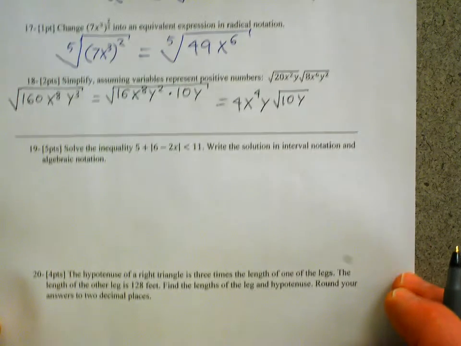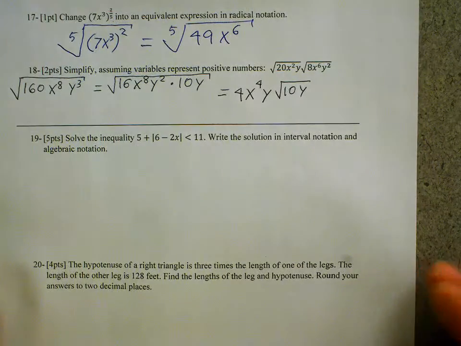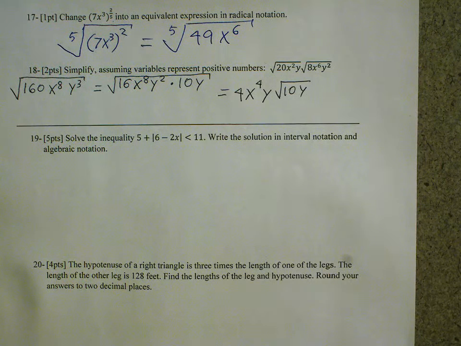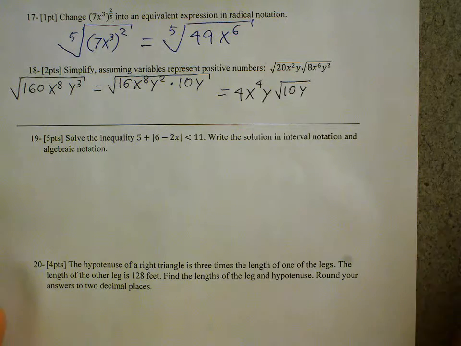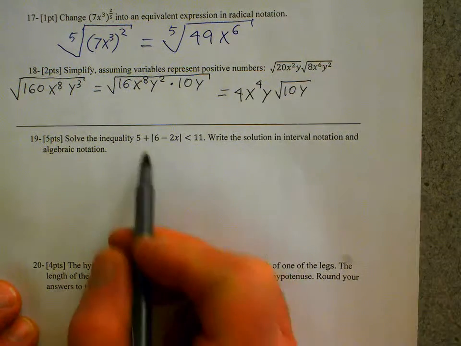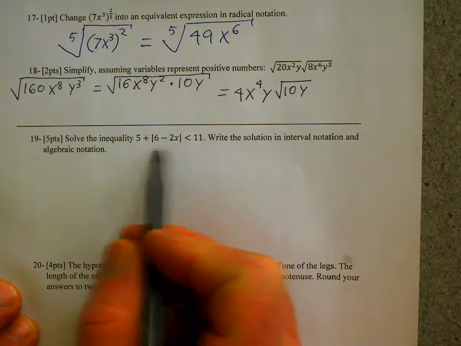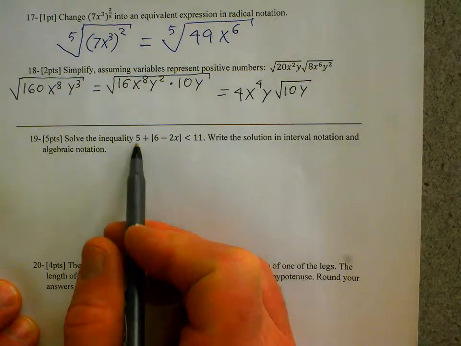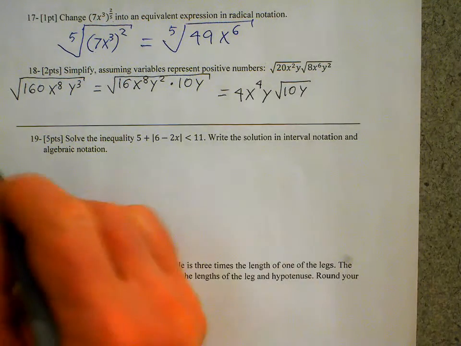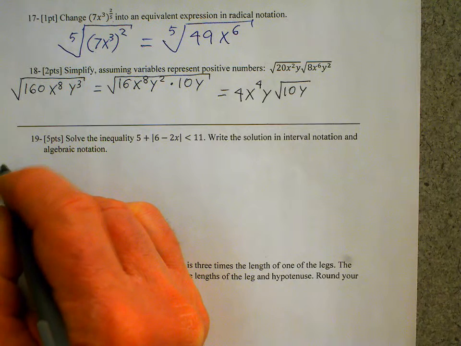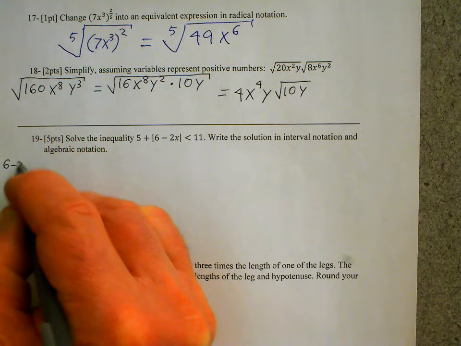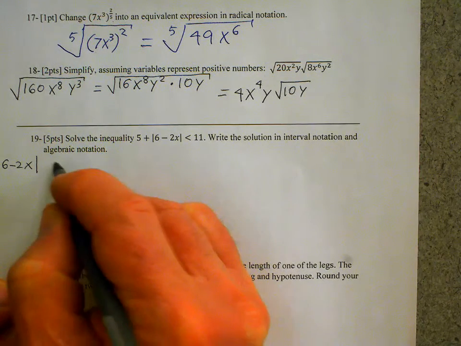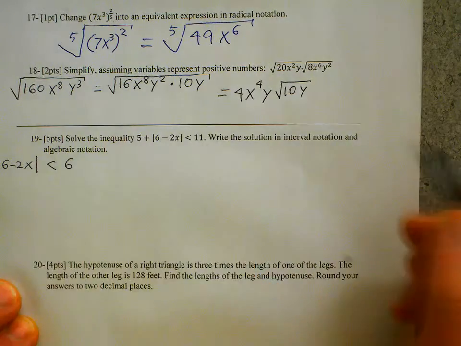Okay, the next one is an absolute value inequality. Solve the inequality 5 plus the absolute value of 6 minus 2x is less than 11. First, we want the standard form, so we subtract 5 from both sides first. So we get the absolute value of 6 minus 2x is less than 6.